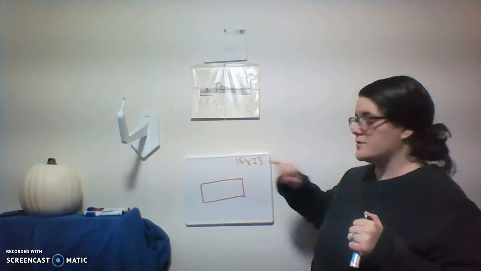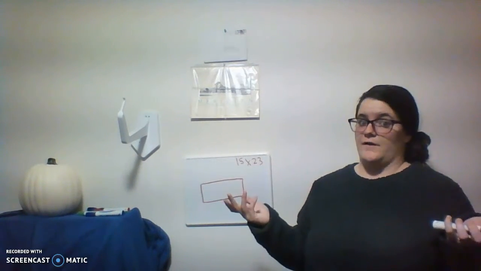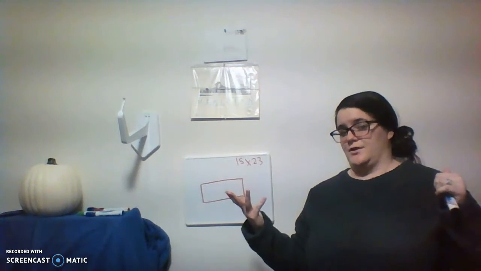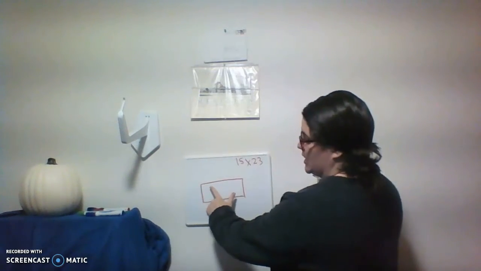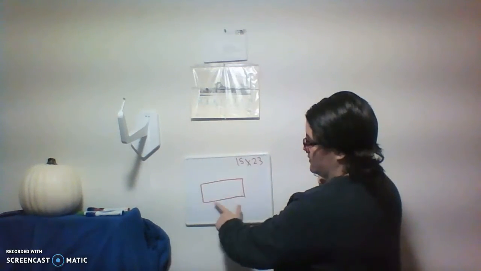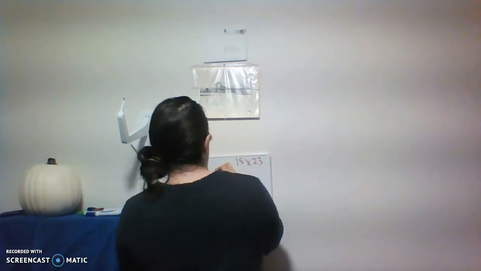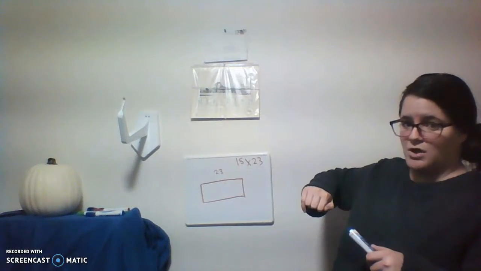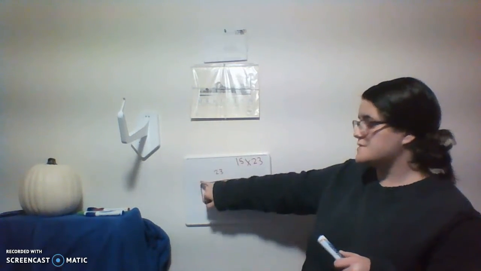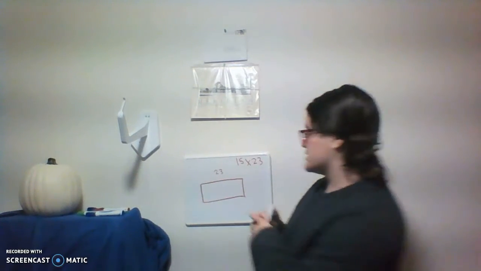I'm going to go with 23 because I'd rather have $23 compared to $15, right? So 23 is our larger number. So we're going to put that on the larger side of our box. 15 is our smaller number, so that is going to go on our smaller side of our box, okay?